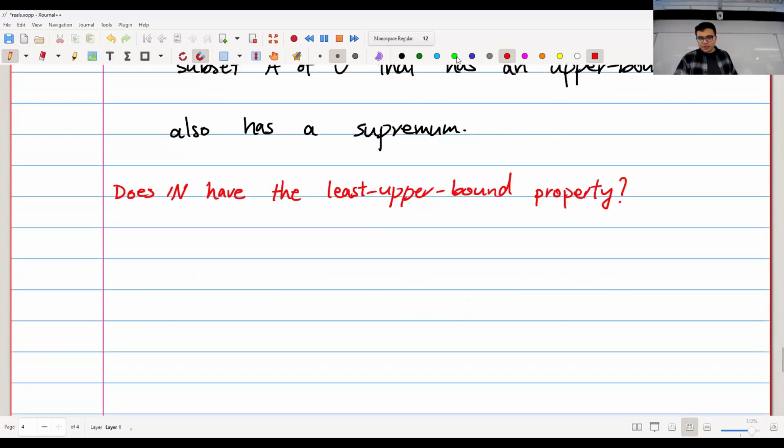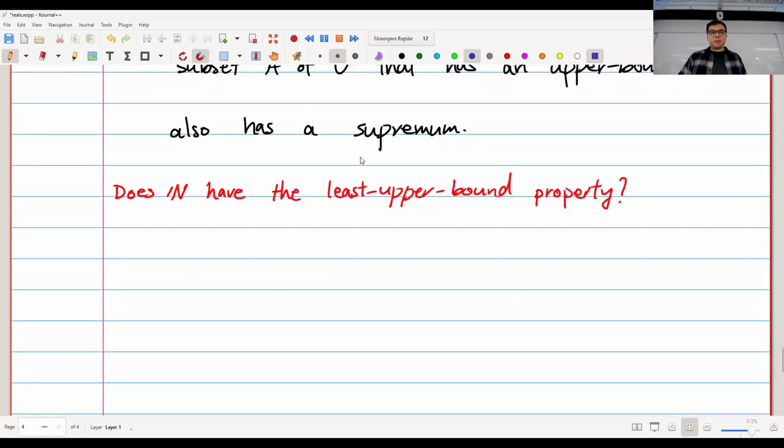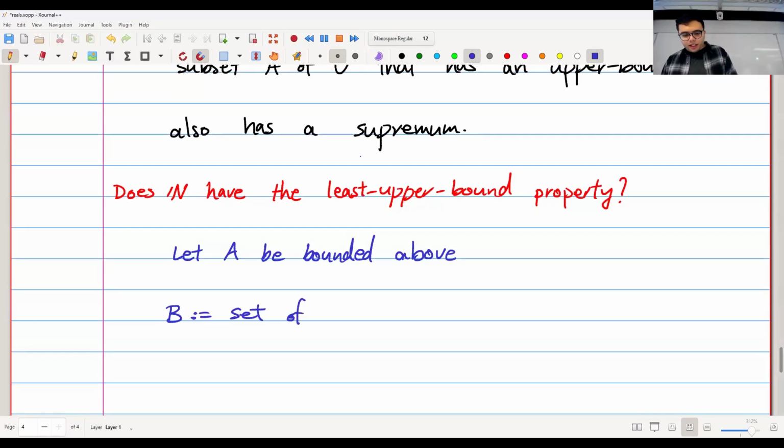Yes, but there is another way of looking at this as well without talking about maximum. Suppose that A has an upper bound, so let A be bounded above. I define B as before: let B be the set of upper bounds of A. I want to use well-ordering.